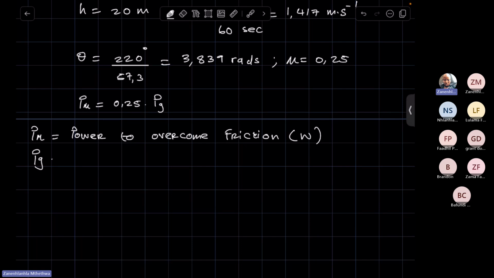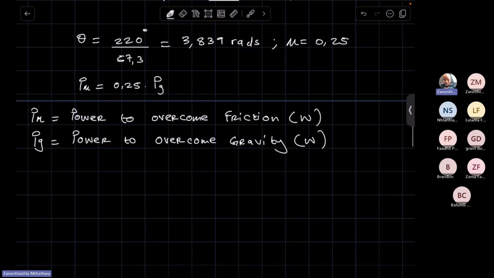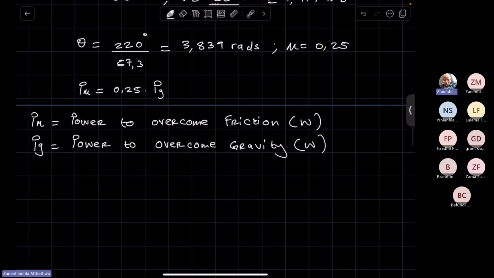And then PG is power to overcome gravity, also in watts or kilowatts. And then we get essentially power out, right, or the output power.